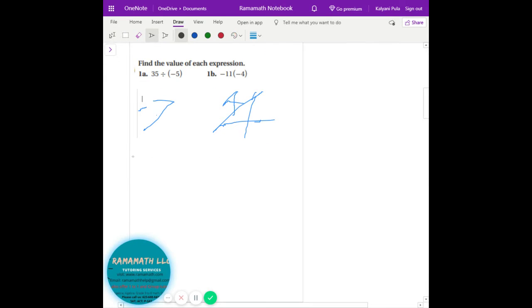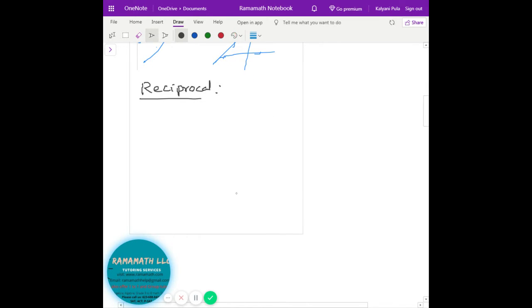The next thing we're going to look at is called reciprocals. What does reciprocal mean? The reciprocal of 2 is 1 over 2, or half. So anything where you flip the fraction is called a reciprocal. Basically, the numerator becomes the denominator, and the denominator becomes the numerator.